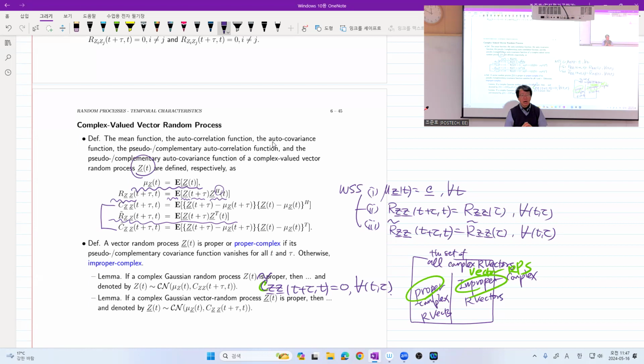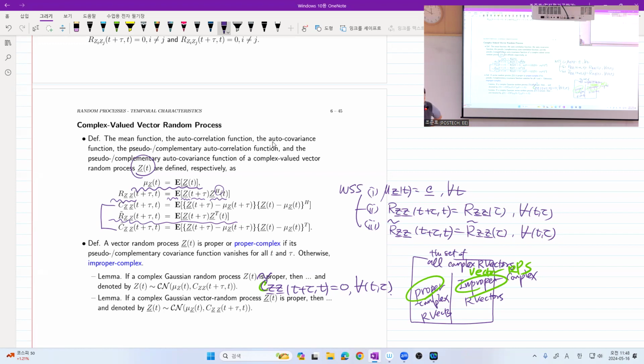If they are jointly Gaussian random processes, then you have a Gaussian complex random process. What about propriety of that complex Gaussian random process? Your complementary autocovariance function vanishes, right? And what about a complex valued Gaussian random vector process? Again, your complementary autocovariance function vanishes.